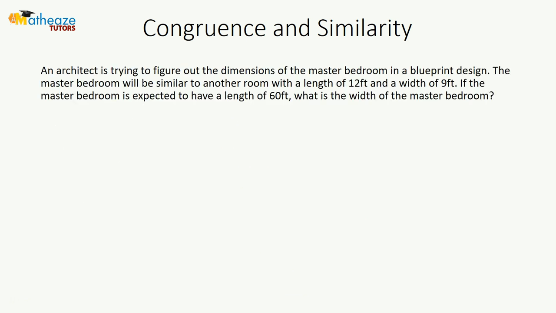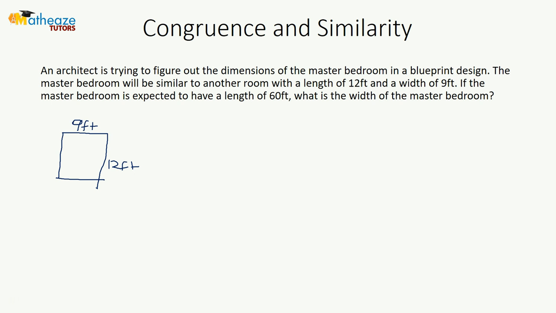So for our final example, an architect is trying to figure out the dimensions of the master bedroom in a blueprint design. The master bedroom will be similar to another room with a length of 12 feet and a width of 9 feet. So we're looking at a room that looks like this. It has a length of 12 feet and a width of 9 feet.